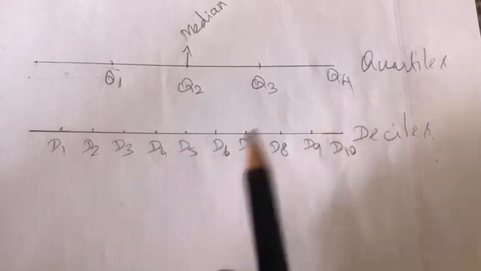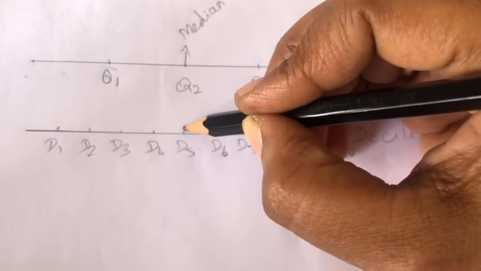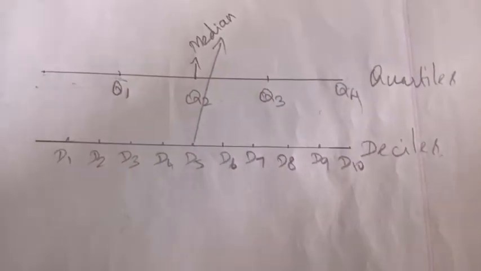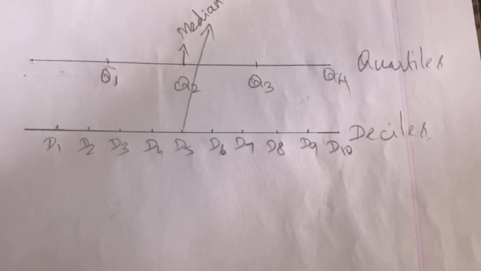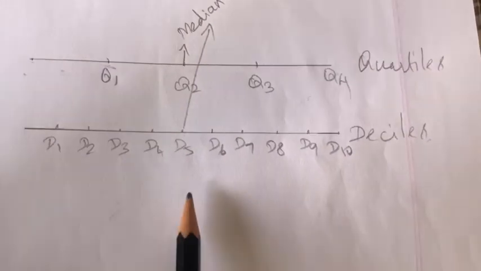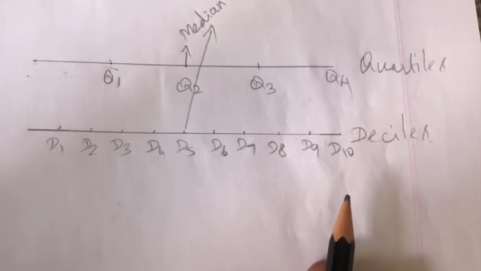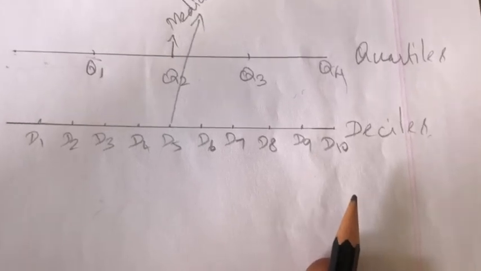D5 divides the whole data into 2 equal parts, so D5 is also known as the median. So these are all deciles. Similarly, we have percentiles also. Percent, as we know, is 100, so it divides the whole data into 100 equal parts.